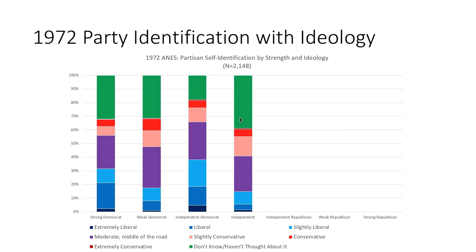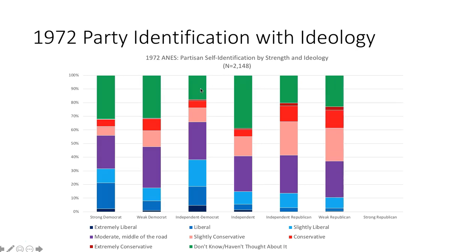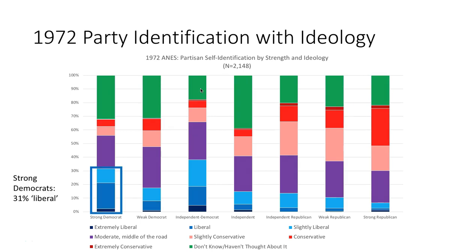Once you move into Republicans, again, similarly with independent Republicans and independent Democrats, smaller numbers are not sure of where their ideological perspective is. You go to weak Republicans and then strong Republicans. And what's interesting to note is looking at the strong partisans. Strong Democrats, 31% of them consider themselves some kind of liberal. Among strong Republicans, 48% consider themselves conservative in some way, shape, or form.